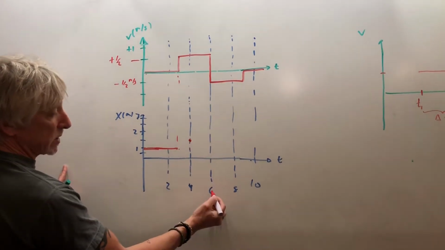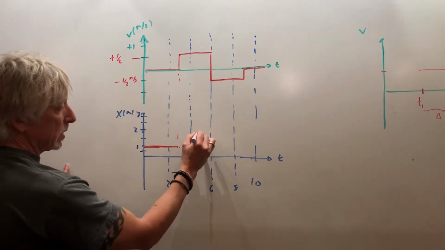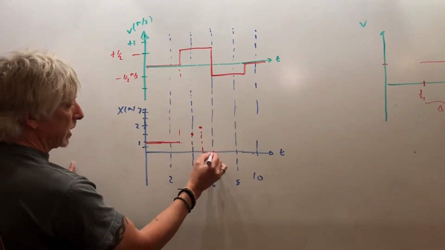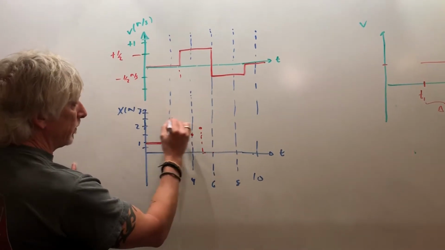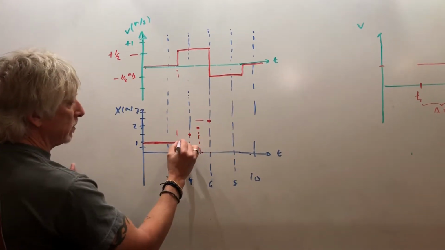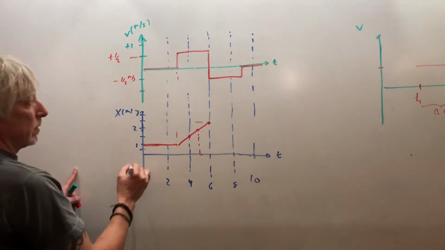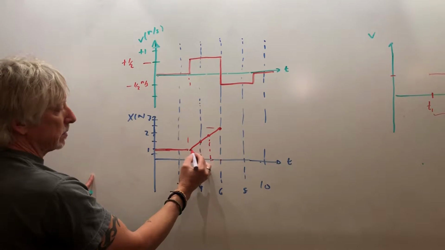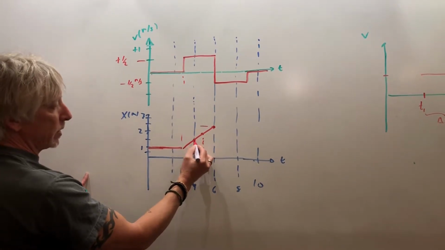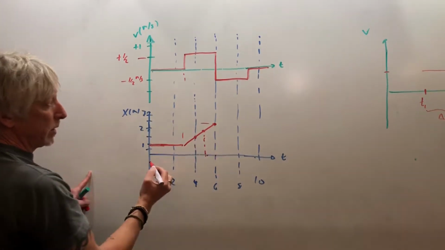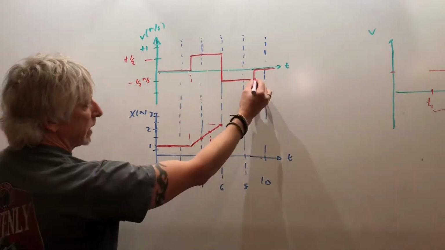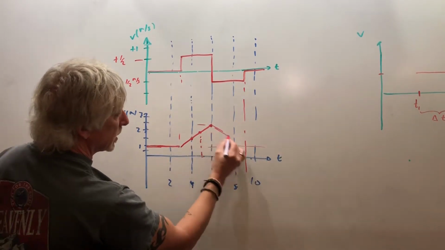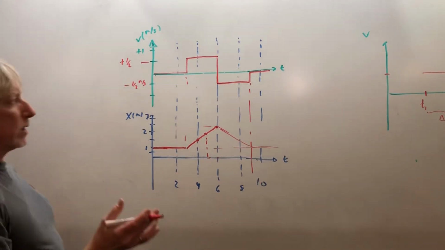In another second, I go up 1/2 a meter, and in another second, I go up 1/2 a meter. Which is to say the slope is up 1/2 over 1, up 1/2 over 1, up 1/2 over 1, and then the negative of that is going to bring me down, lining up to the same place, and you can think that through. So that's one way to do it.